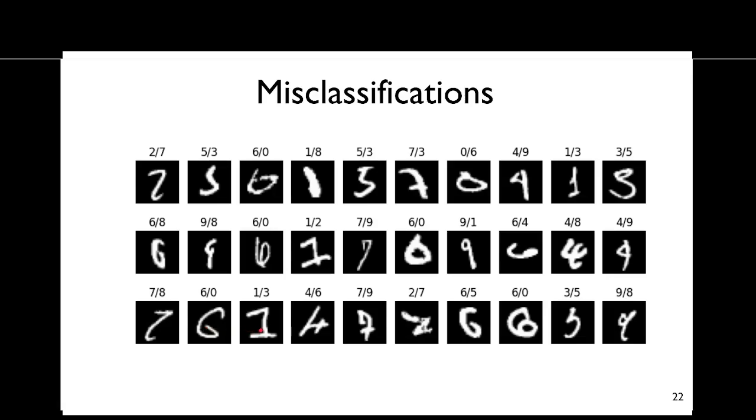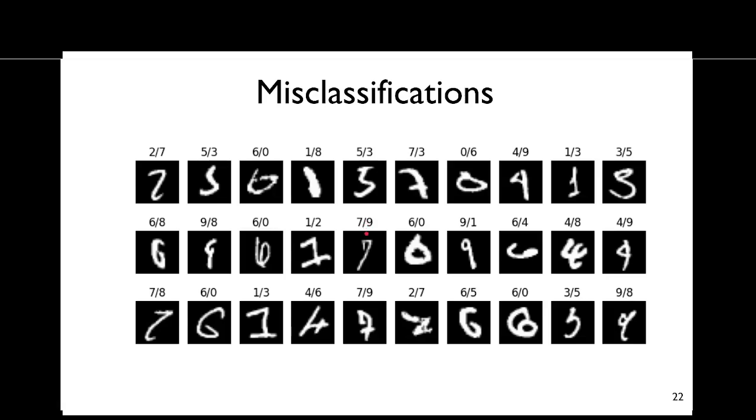But you also see that there are some examples where it's really tricky. For example, this over here being interpreted as a 7 instead of a 2, that's very clearly a tricky case. Or this 7 over here, which the neural network thought is a 9.